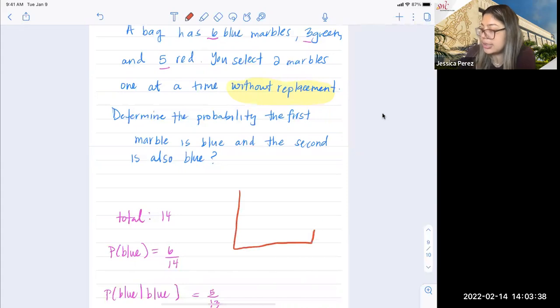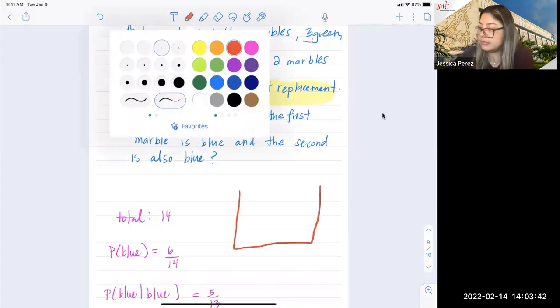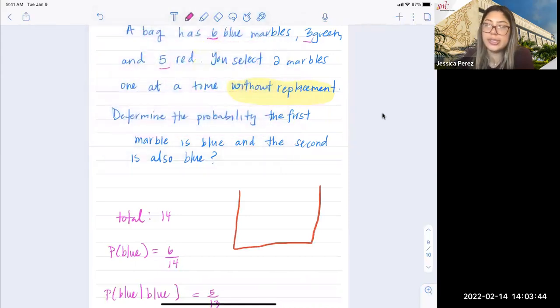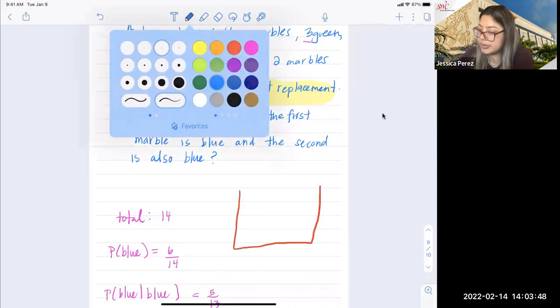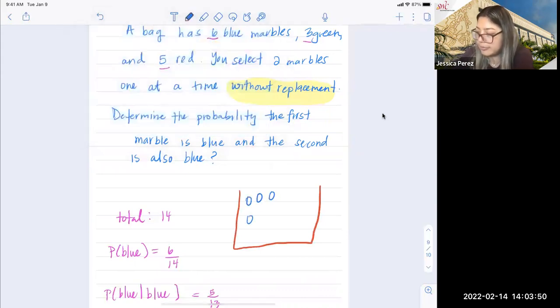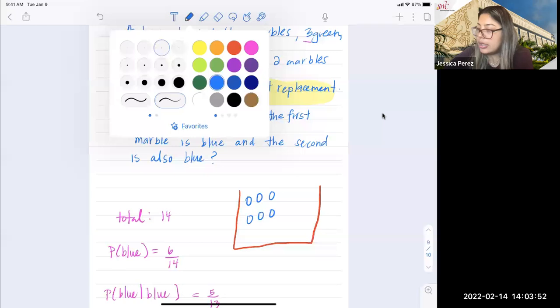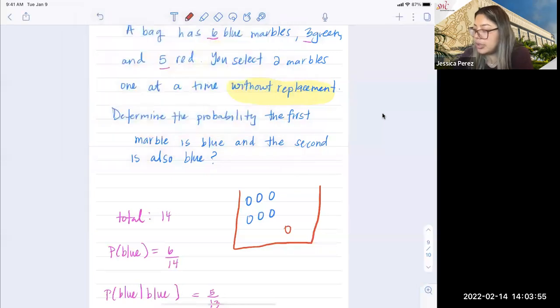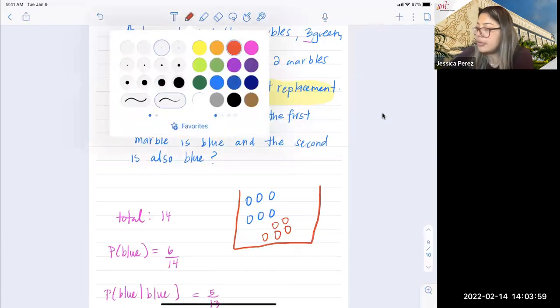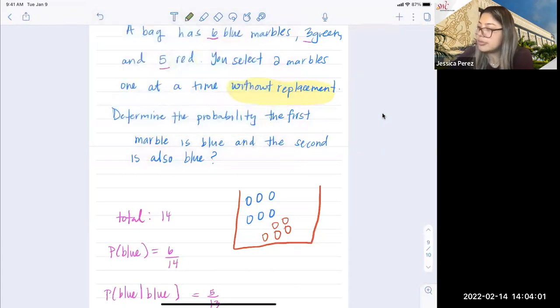So let's say you're drawing from this container and you have 6 blue marbles, 5 red, and 3 green.